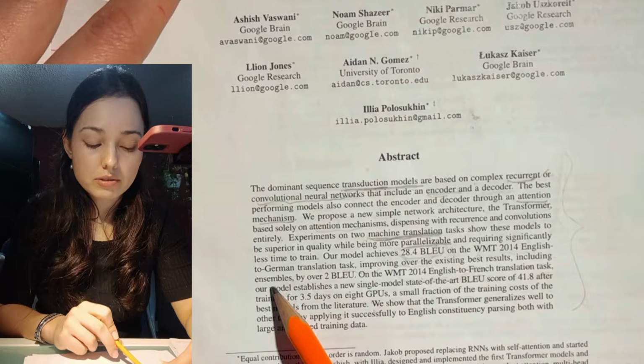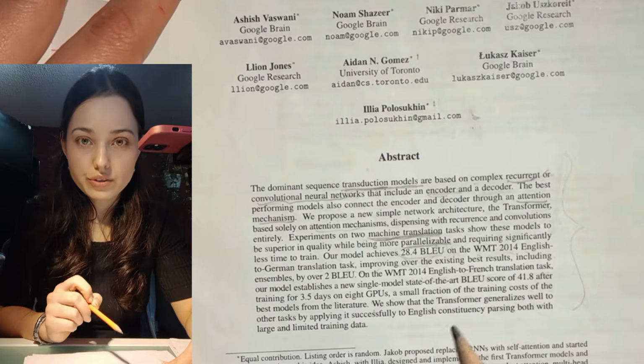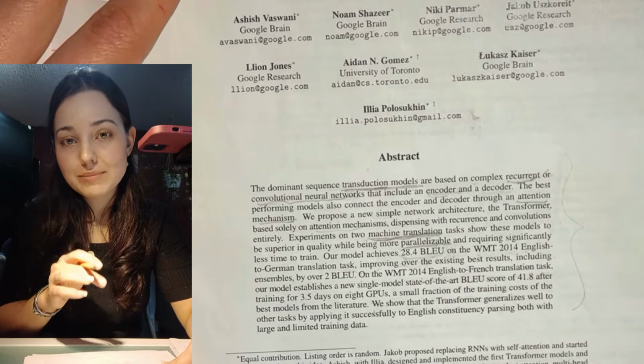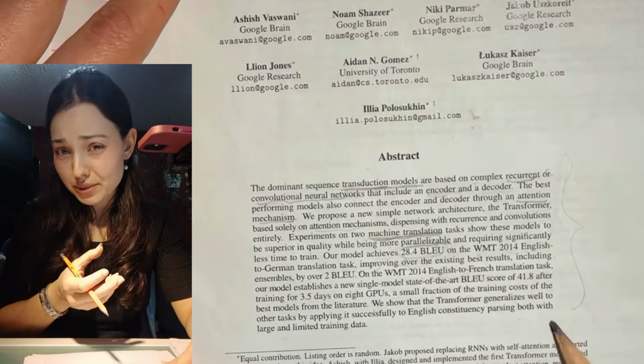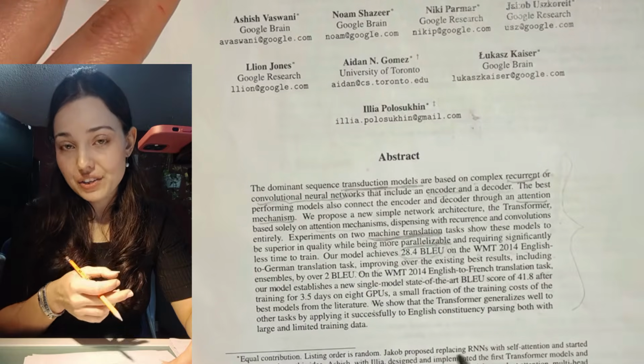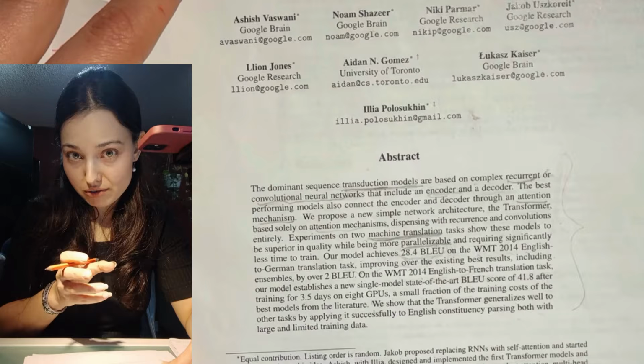including ensembles. Ensemble learning is a technique that's used in machine learning where you train multiple different models on the same task, usually simpler models. Instead of having one really accurate, complex model, you would make a bunch of smaller models.